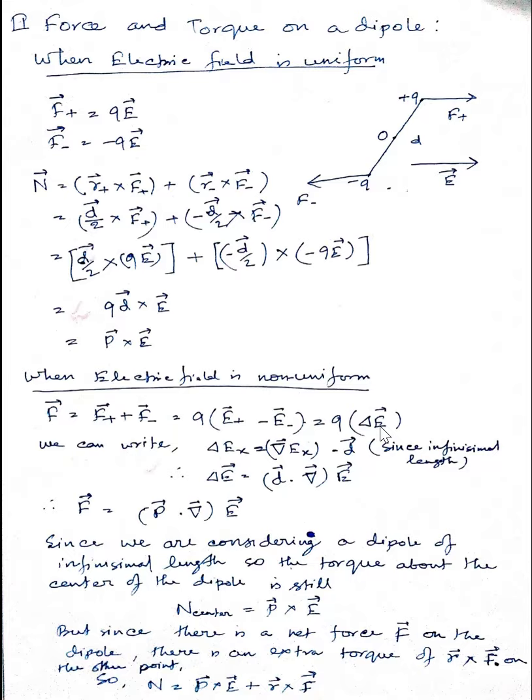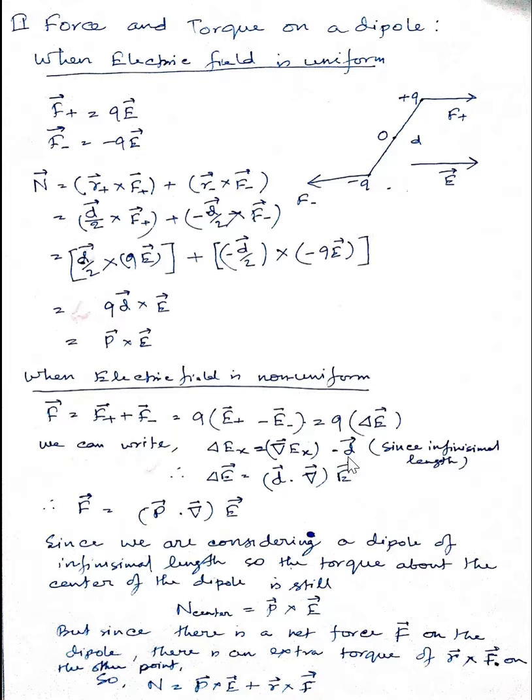Or you have done it in your vector analysis class. So you can find delta E like this, delta Ex dot d. Since d is an infinitesimal length, I have not written it as delta d.